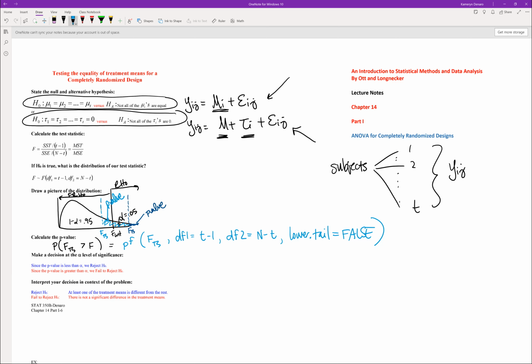If you reject H0, you would say at least one of these has more protection against the disease. Whereas if you fail to reject H0, you would say all these vaccines are equally effective, and it doesn't matter which vaccine you get.